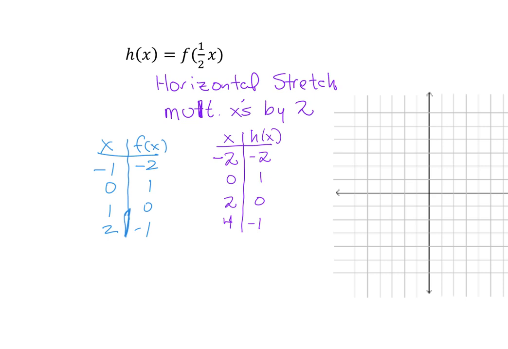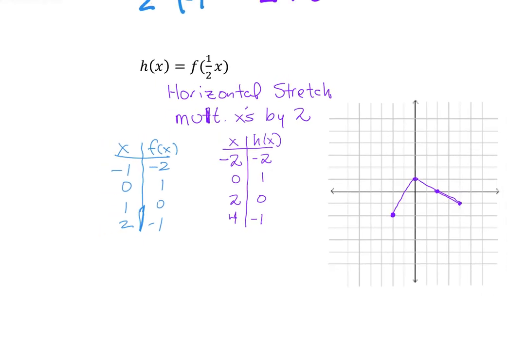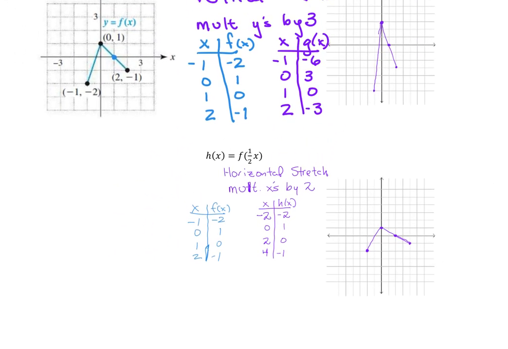All right, so now when we look at this, we have -2, -2. We have our 0, 1, 2, 0, and 4, -1. And this should be the graph that we come up with.